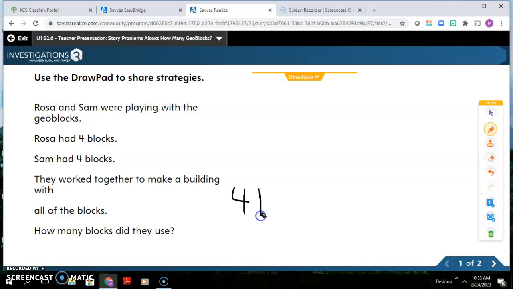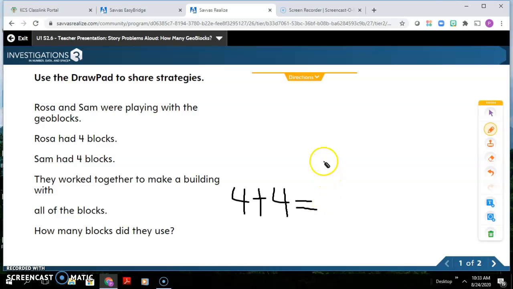That symbol is called the plus sign. And Sam had 4 blocks. We're going to be adding because we said we're going to have more than 4 at the end because they used all of the blocks. Then we're going to put the equal sign to find out how many blocks they used.